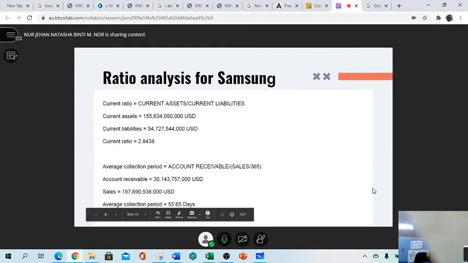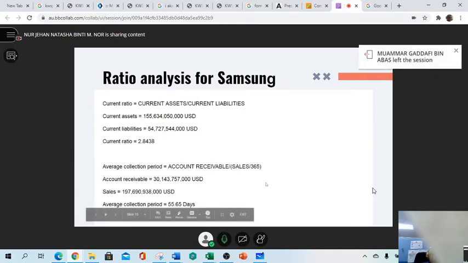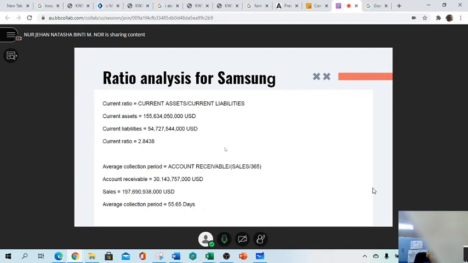And Samsung's current liabilities are $54,727,544. From the formula, we get a current ratio of 2.8438 for Samsung.